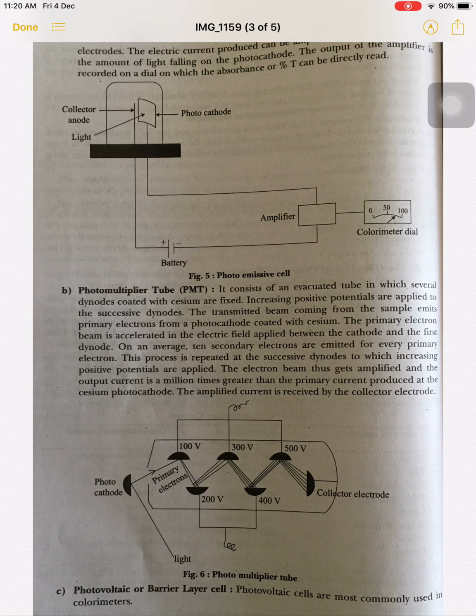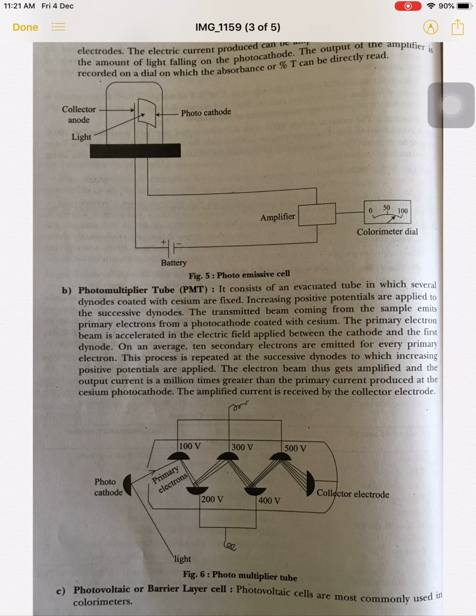This process is repeated at the successive diodes to which increasing positive potential is applied. Why are the electrons multiplied? Because we have arranged these diodes with increasing positive potential. The more the positive potential, the more the multiplication of electrons.